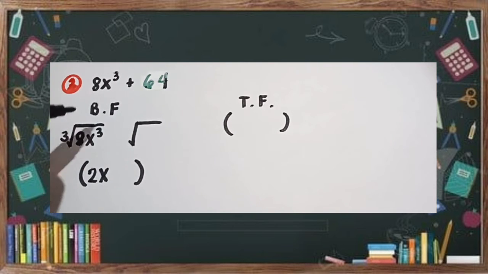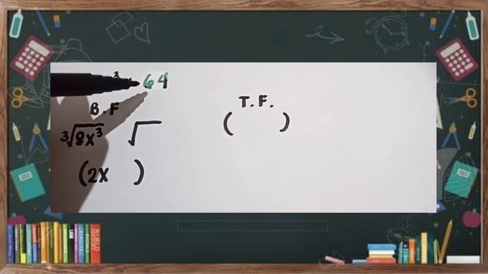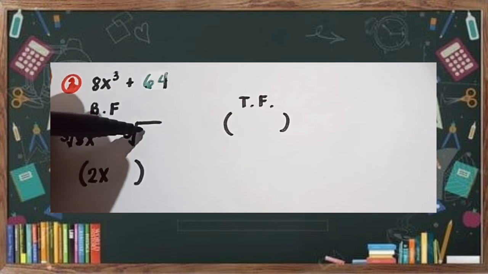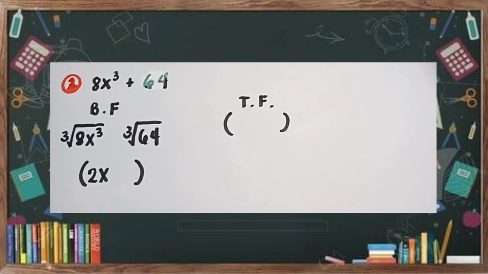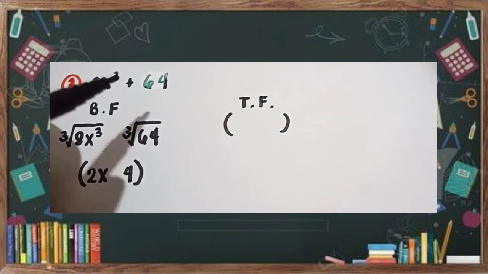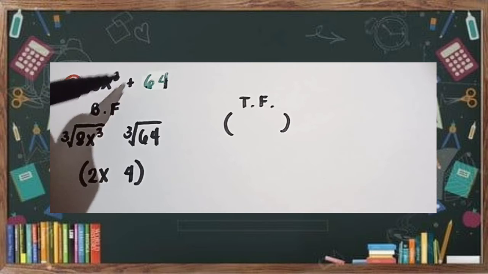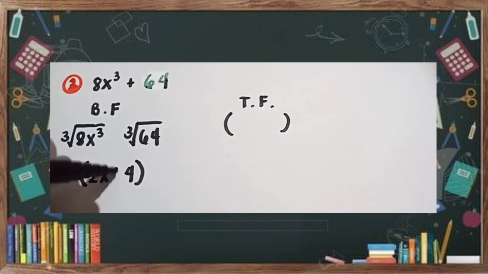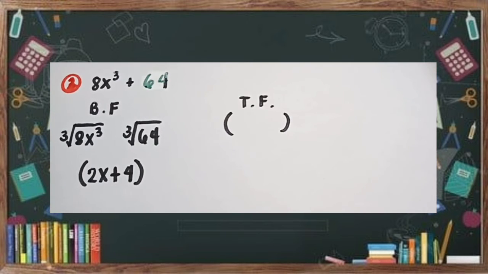Then, second is we need to get the cube root of 64. Okay, so we know that it is 4. Since ang ating sign dito ay positive, therefore, ang sign ng ating binomial factor ay also positive.